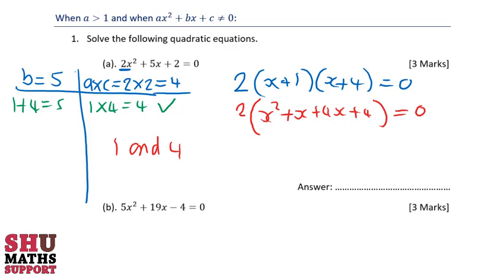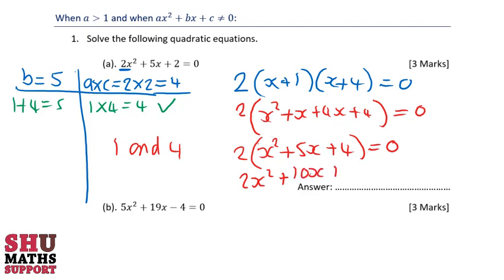Then we'll just simplify, 2 times x squared plus 5x plus 4 is equal to 0. And then the final step, we just times everything by 2, just so we can get rid of this bracket. We'll have 2x squared, which is what we wanted, plus 10x plus 8 is equal to 0. But we wanted 5x plus 2, which obviously means there's an error here.